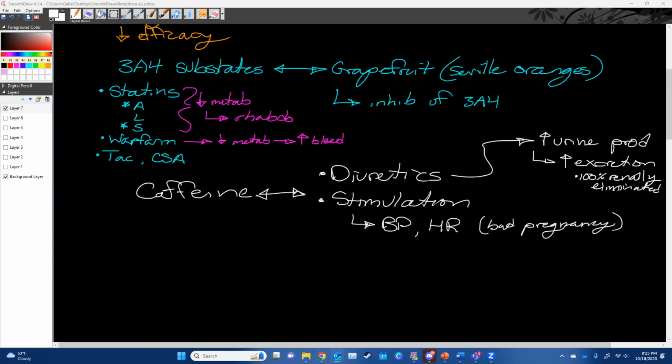Wait, so you say the statins increase... No. So grapefruit is an inhibitor of 3A4. So if we decrease the metabolism of a statin, that would lead to rhabdomyolysis. Gotcha. Yeah, the memorization is going to be a bitch. Good luck.